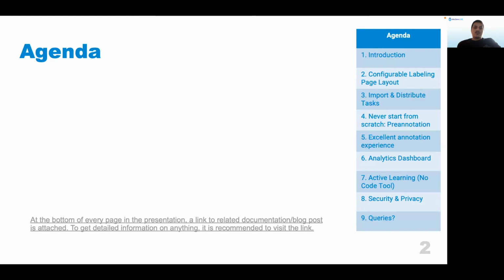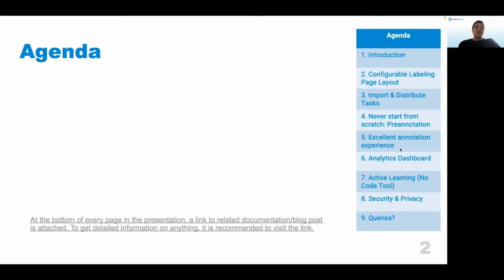These are the list of agenda items I'll try to cover in this webinar. First, I'll go through the introduction of the tool. Then we'll see how configurable the labeling page is, and how to import and distribute tasks among your team. Then we'll see what pre-annotation is and how it can help overall annotating speed and experience.